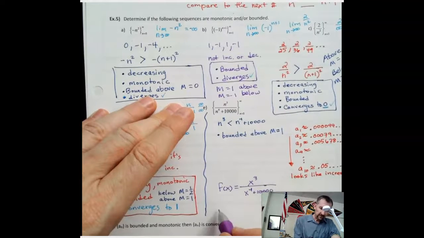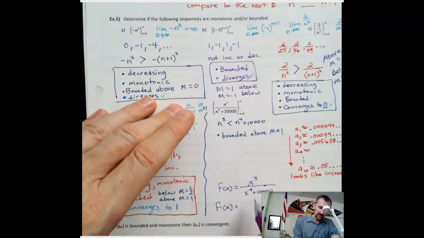And if we take the derivative of that, low d high minus high d low over low squared, then we can factor out a negative x squared. So that's going to look like this, and that's going to be over x to the 4th plus 10,000 squared.